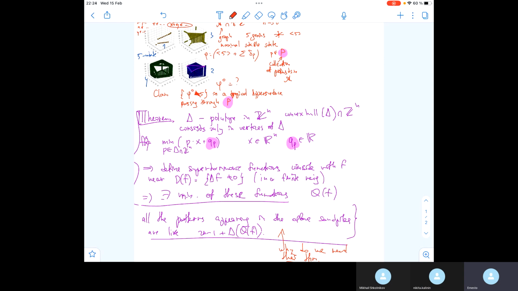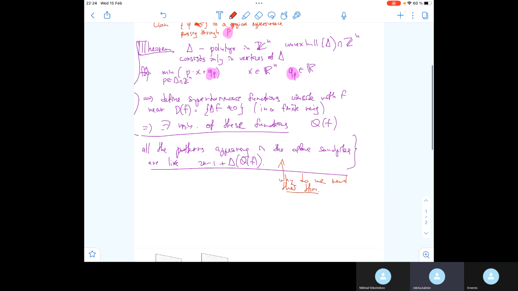Just to follow, this is exactly the same as one of the versions of the theorem in dimension 2, isn't it? Exactly. So what happens in dimension 2? For delta, you have several possibilities.